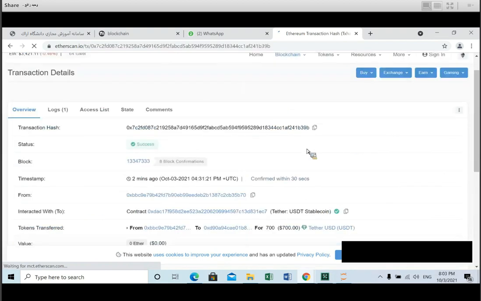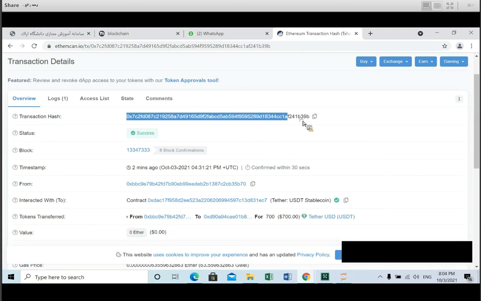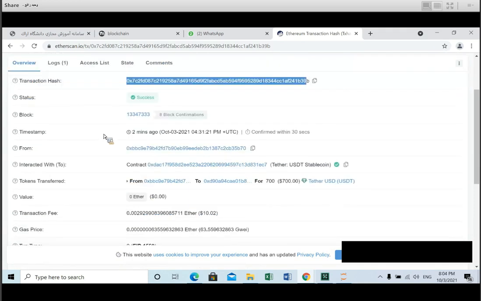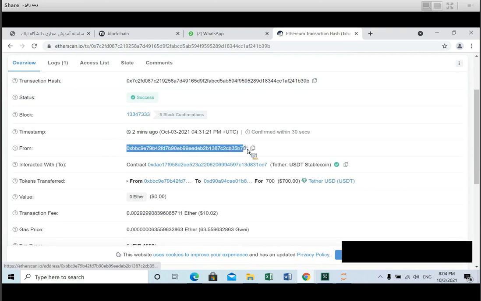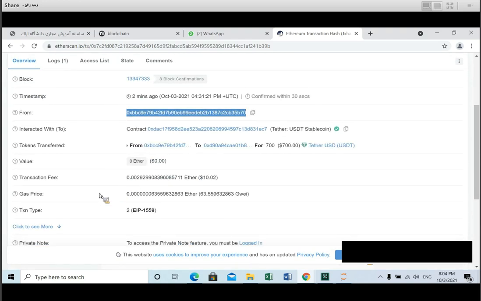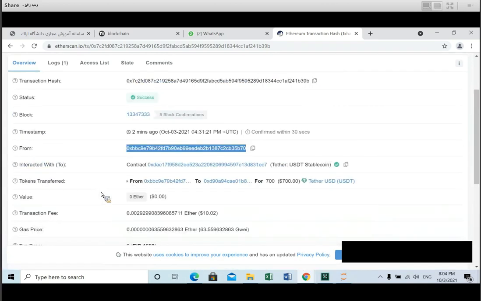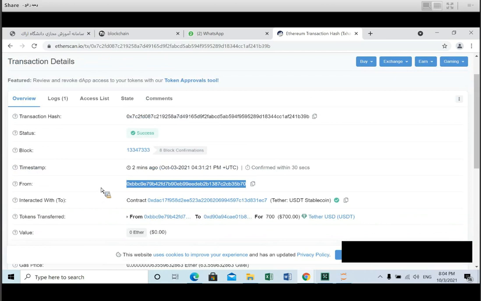Okay, this is transactions. Who is the sender? This is the ID of transactions. Later I will discuss in detail how to create the transaction hash. This is the sender. This is the address of the sender. And who is the receiver?